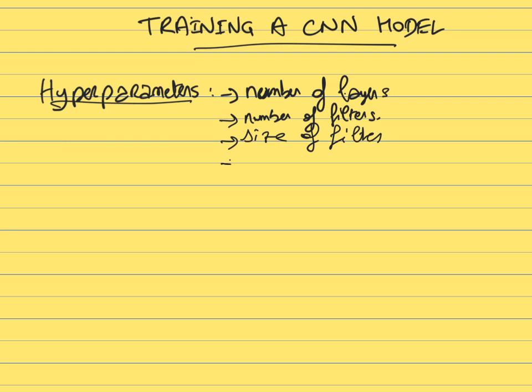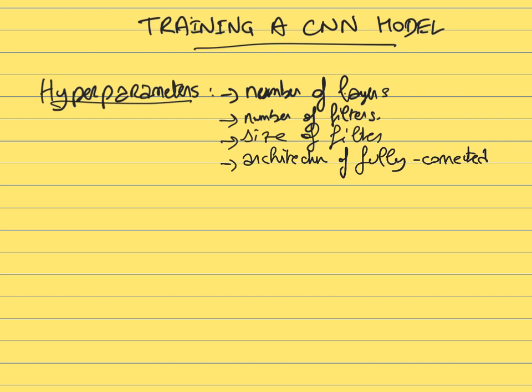Same thing for the architecture of the fully connected neural network at the end. In the same way that you have for a regular ANN, you need to decide the architecture, like the number of layers, the number of neurons per layer. So all those things are not going to be trained. Those are the hyperparameters.